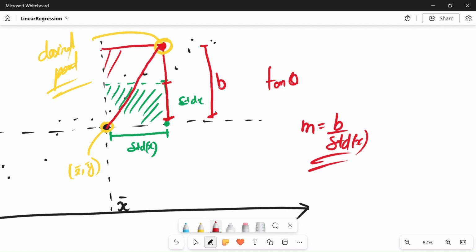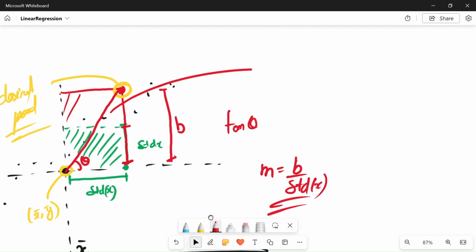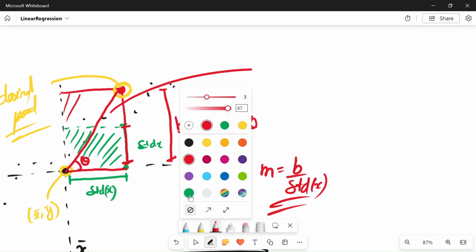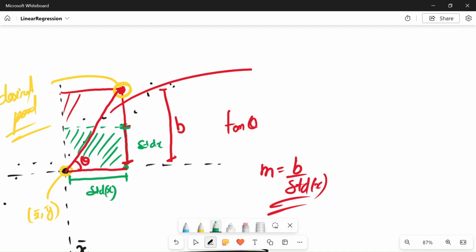It's actually very easy, right? This is that angle theta. The tan theta, or the m, will be equal to, if you have studied trigonometry even a little bit in your high school, then it shouldn't be very hard for you to find out.